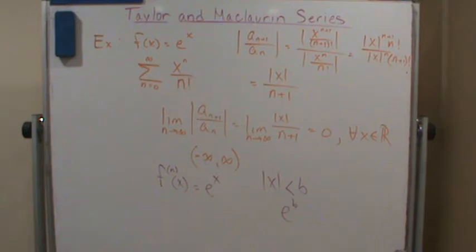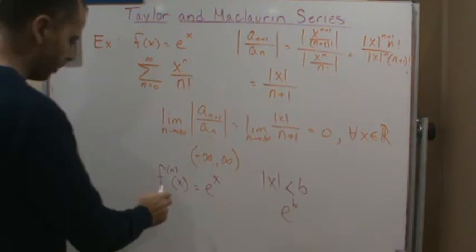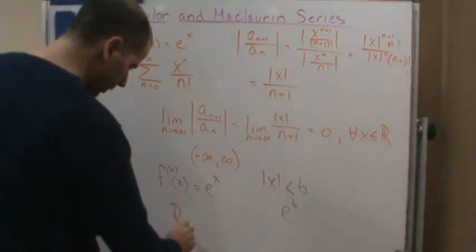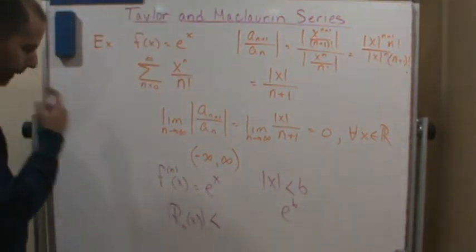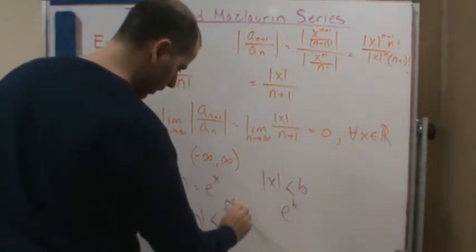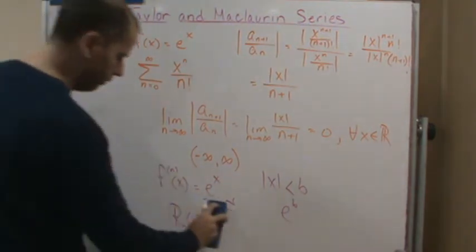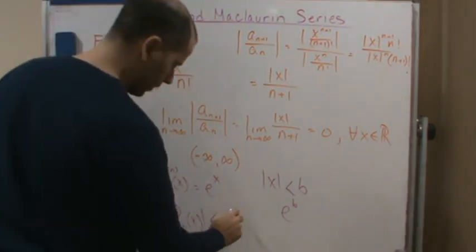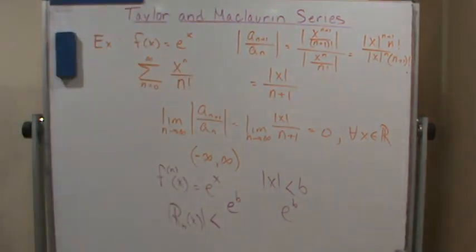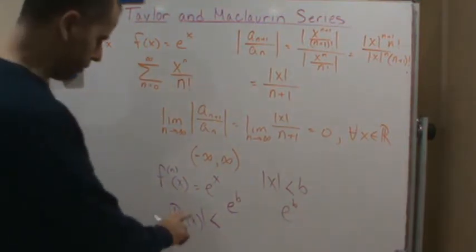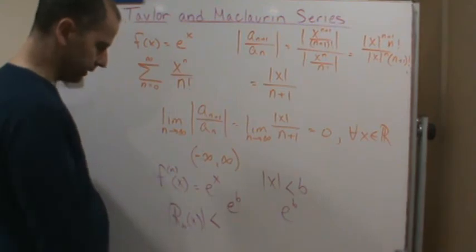So that means the remainder, the absolute value of r sub n of x, has to be less than, in this case, just e to the b, because we're just using the fact that the nth derivative is always e to the x.